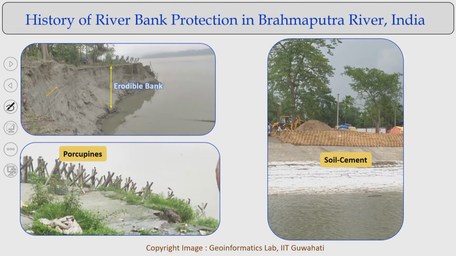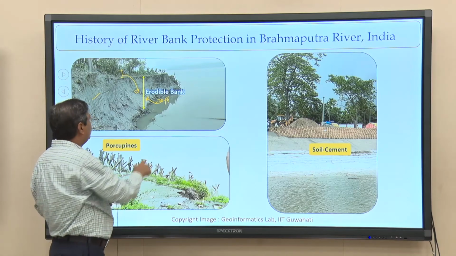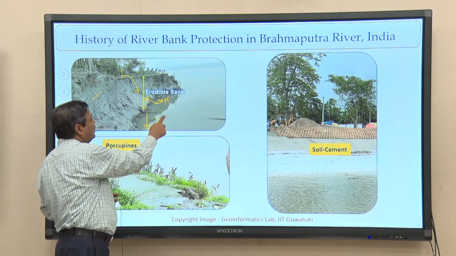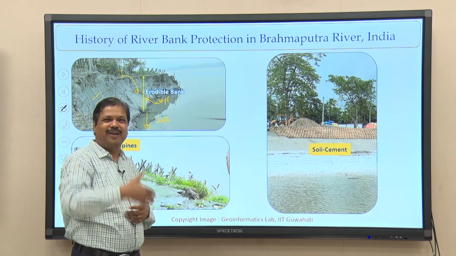A 6 feet tall person is standing here, and with this scale the bank is more than 30 feet above the water surface. There could be another 30 feet below. So this Gangetic river bank is as high as 60 feet.